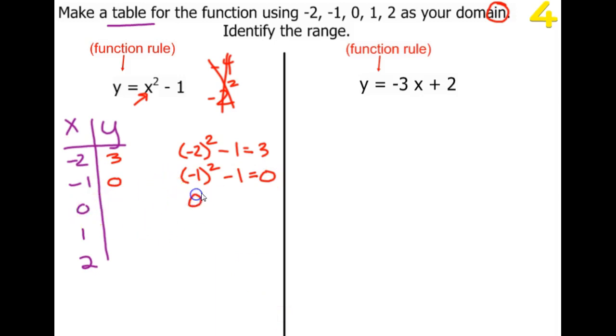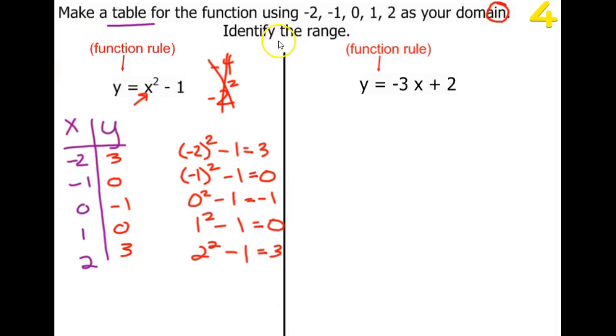Then plugging in a 0, 0 squared, which is 0. 0 minus 1 is -1. Then plugging in a 1, 1 squared. 1 times 1 is 1. 1 minus 1 again is 0. And then a 2. 2 squared, 2 times 2 is 4. Minus 1 is 3.